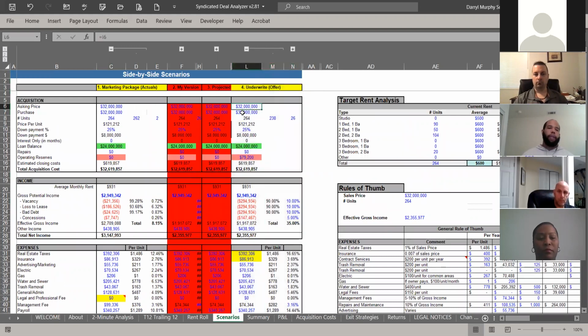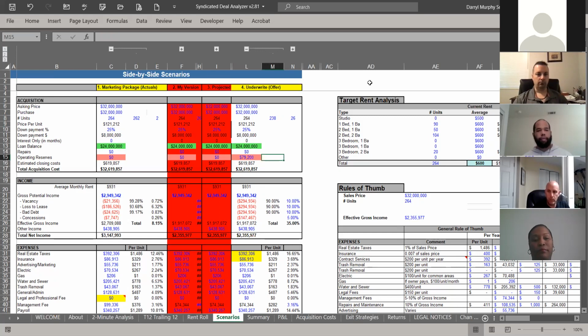As you come down, when I kicked off last week, we had already put in the operating reserves, or some may call them capex reserves, or again, whatever it is on your analysis, you will put in. Right now, this number will fluctuate depending on, one, the age of the building.